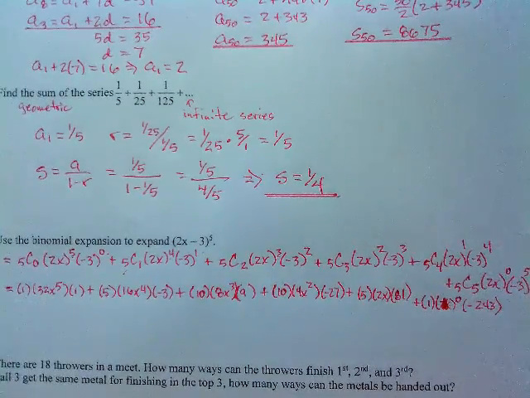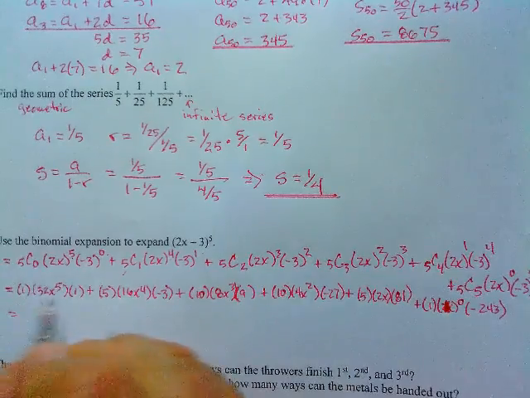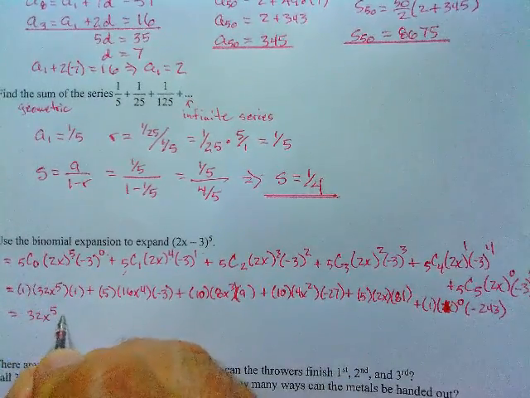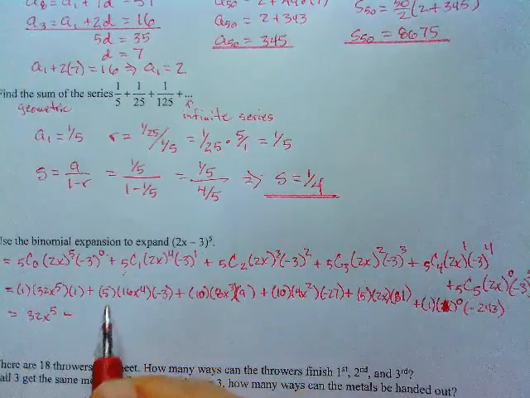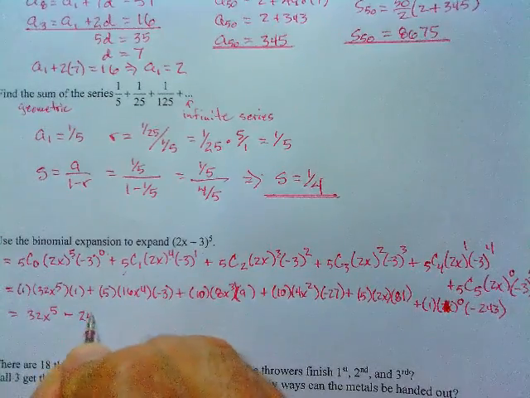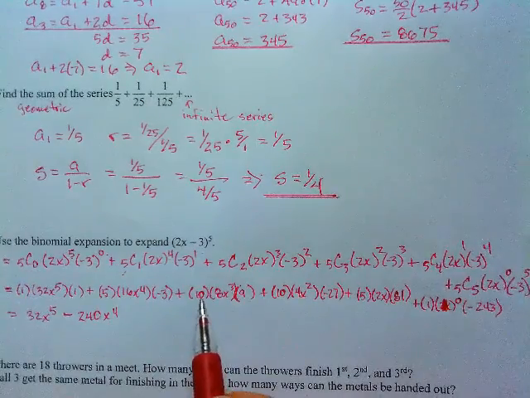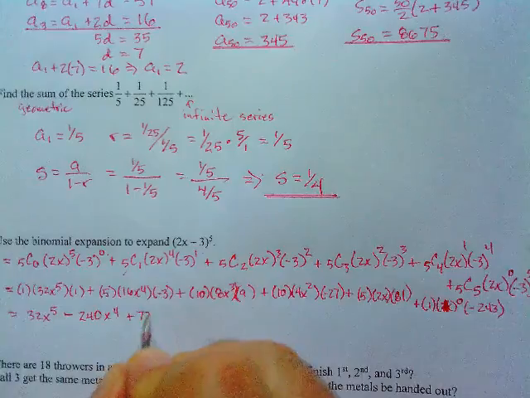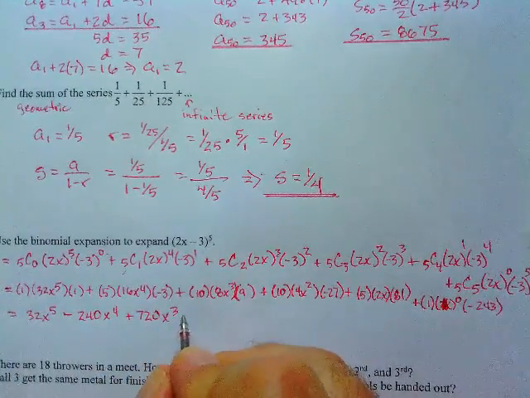And now all that's left is multiplying things together. So 1 times 32 is 32x to the 5th. Subtract, because I got a negative 3 here, so 5 times 16, that's 80. Times 3, negative 240, x to the 4th. And then we've got 10 times 8 times 9, so that's 720. Back to positive, x cubed. Now we're going to have our negative again.